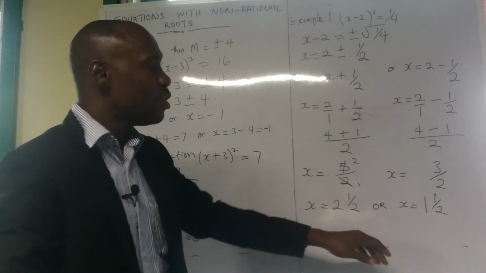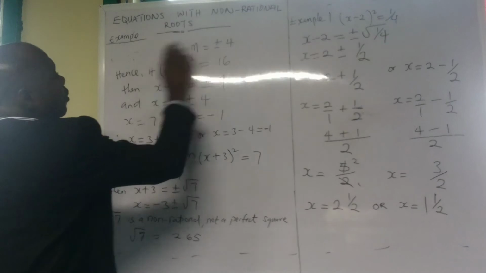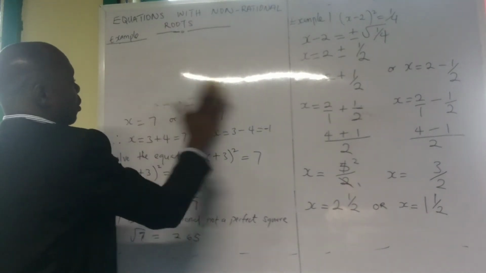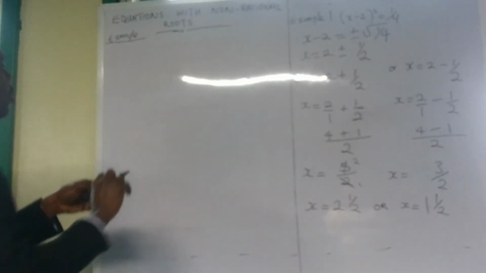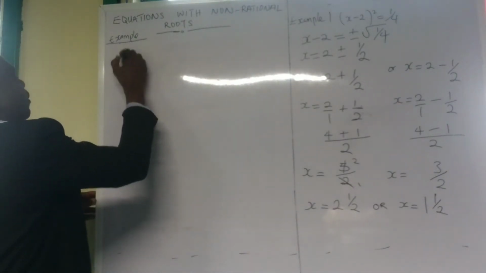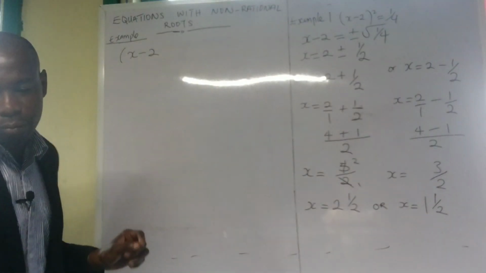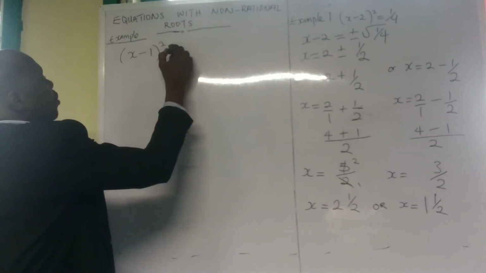Let's look for another example. Example 2: (x minus 1) raised to power 2 equals 9 all over 25.